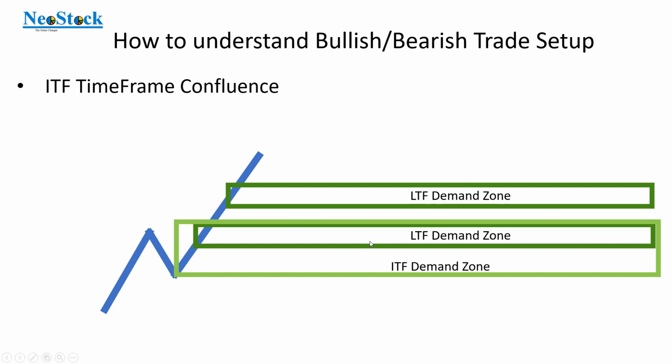In such kinds of trade setups, where the LTF demand zone has no higher time frame confluence, many times they will be violated. But not always. If the bullish trade setup is very strong and the market is very bullish, prices enter into this LTF demand zone and then they will move up.